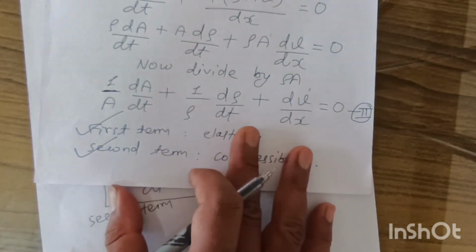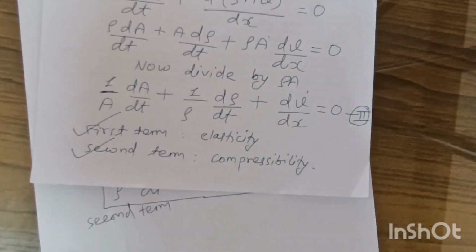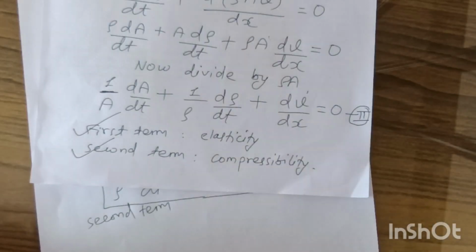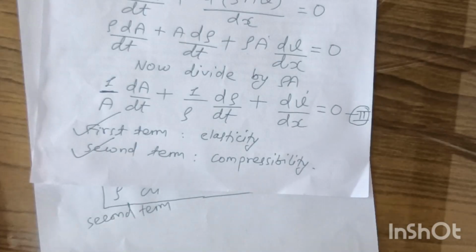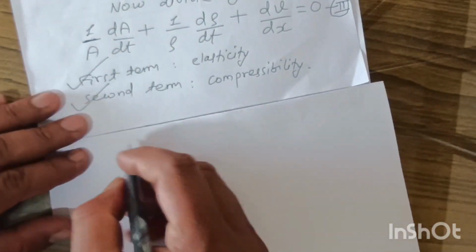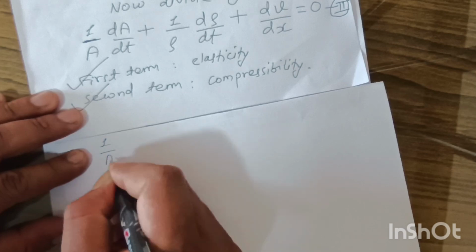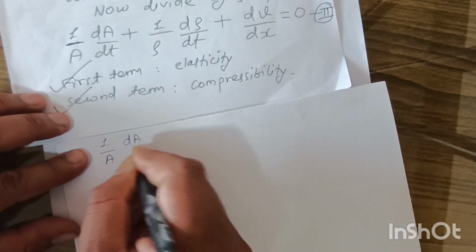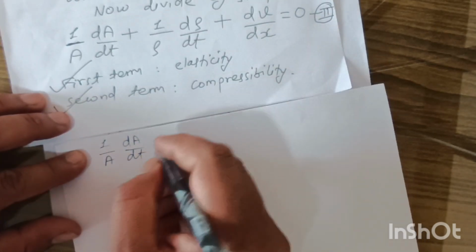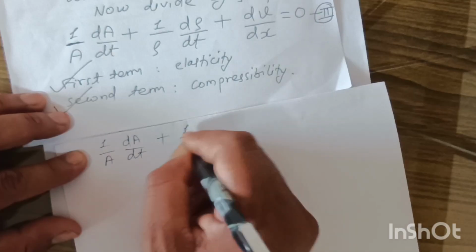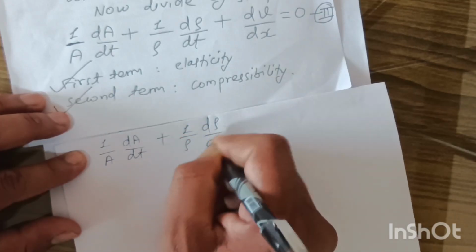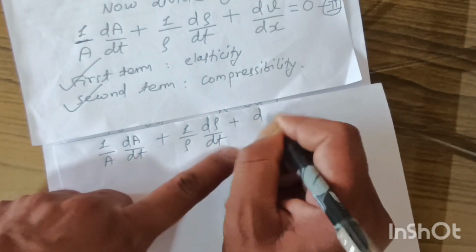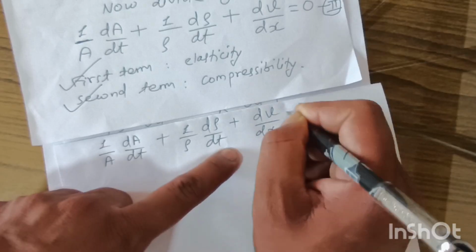Okay, so what are we going to get? Let's substitute this in equation number 2. Equation number 2 is 1 by a dA by dt, this is the first term, plus 1 by rho d rho by dt plus dB by dx is equal to 0.